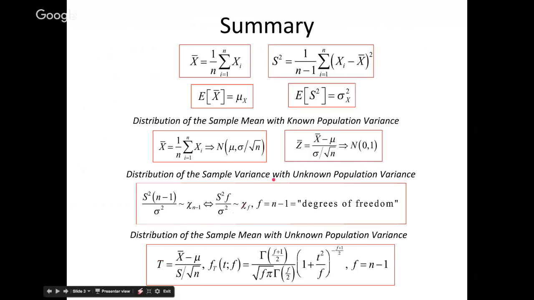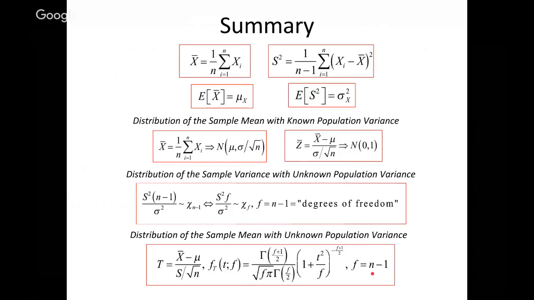This t statistic will not be distributed the same as the z-bar statistic, because we've now replaced a known quantity with something that is itself distributed in some way. In fact, we showed that this t statistic follows what's called the student t distribution, which is given here. This is the PDF for the student t distribution. And again, it depends on just one parameter, the degrees of freedom, defined in exactly the same way as above. That is, f is equal to n-1.